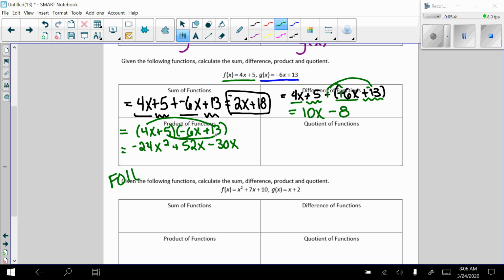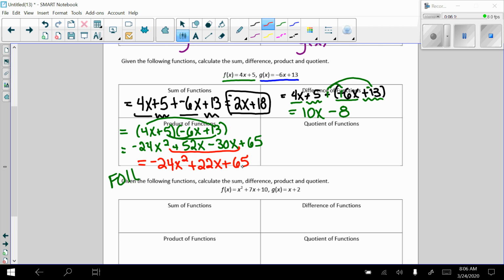And 5 times 13 is 65. And now, of course, we're going to combine like terms, clean it up as much as we can, and we get negative 24x squared plus 22x plus 65. And that answer in red, that's all we can do. Can't simplify it anymore. We have just multiplied these two functions.